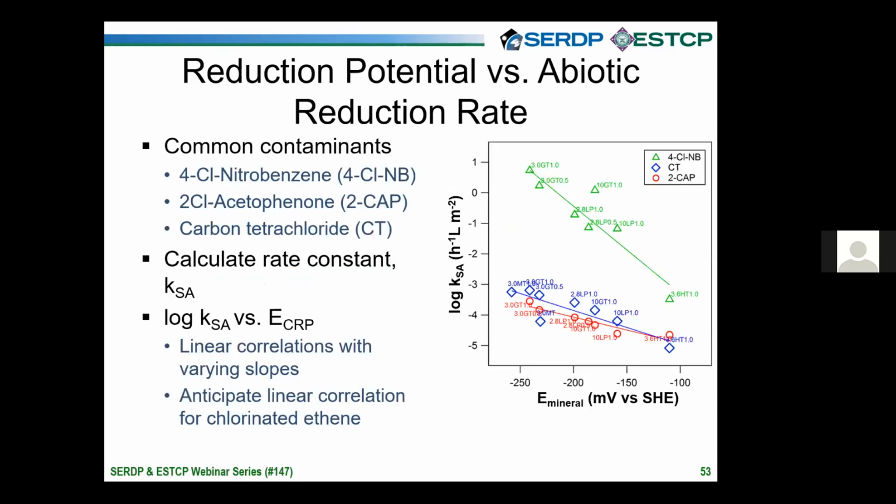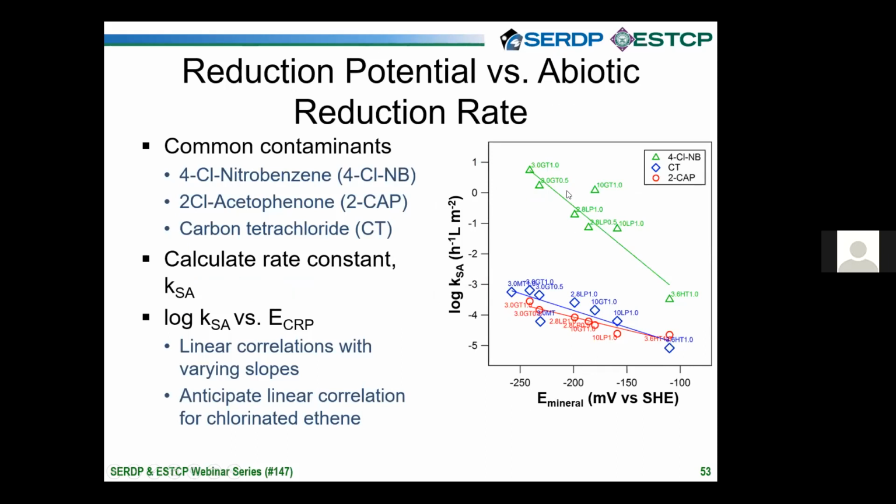So then we want to know if the mineral reduction potential can be correlated with contaminant degradation rate, which is the ultimate goal of this approach. So we selected three different classes of contaminants, and measured the degradation kinetics of them by the minerals. So in the figure to the right, we basically plotted the surface area normalized rate constant versus the mineral reduction potential, here determined by the colorimetric approach.